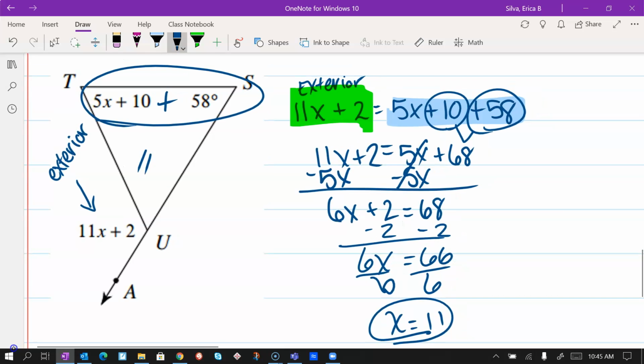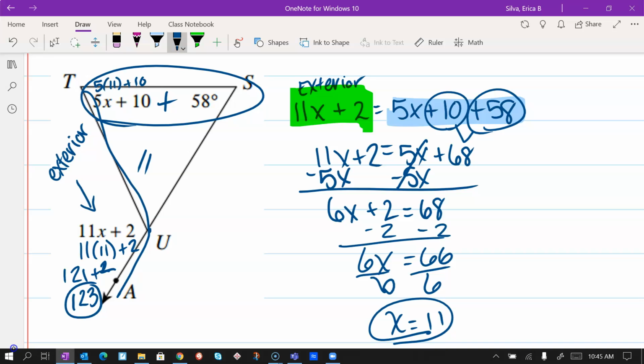Now, if they wanted us to find this angle measure, then we would simply substitute our 11. We get 121 plus 2, and we get 123. And then we can substitute up here also. We get 55 plus 10 will give us 65. And if we add 65 and 58, we get 123. Any questions?